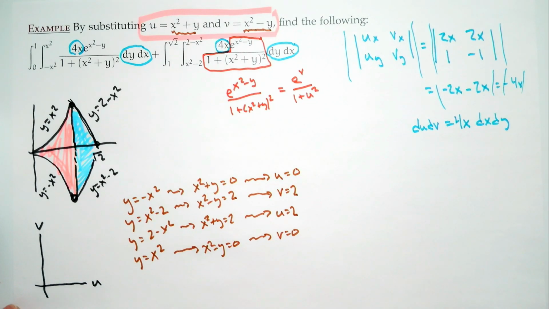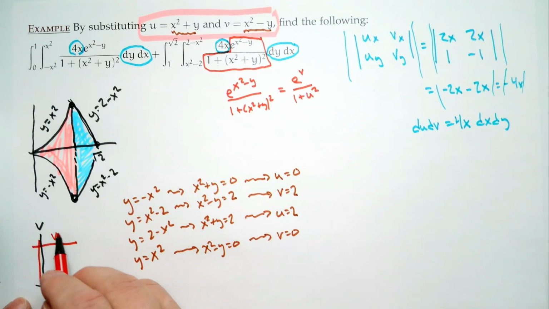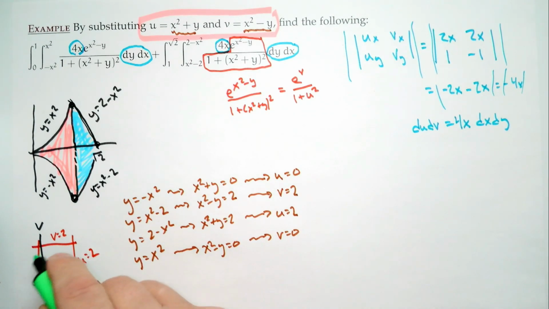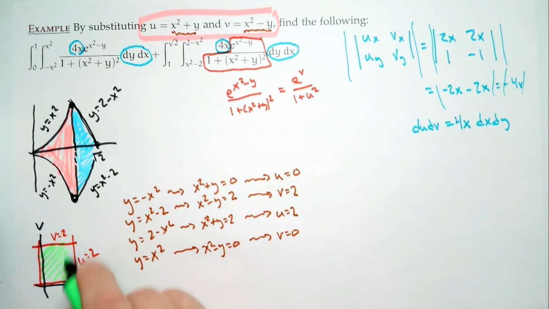We have u equals 0, v equals 2, v equals 0, u equals 2. Which means that because of our substitution, our region translates into a square.